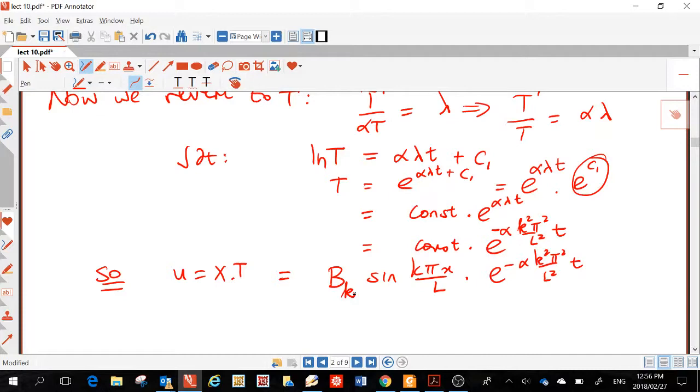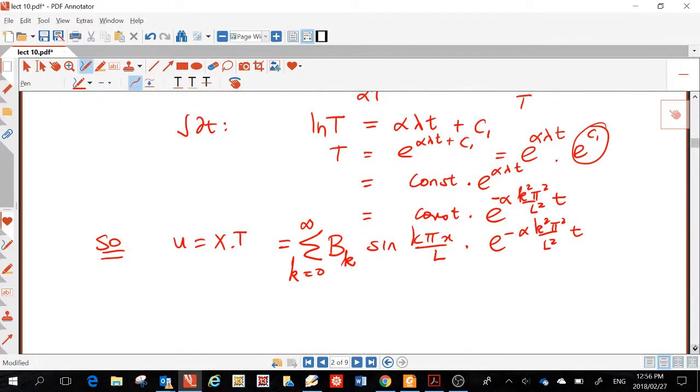K is 1, B1. And I can take the most general combination of this, sigma, from k equals 0 up to infinity, and I've got every possible combination of sine and e to the minus whatever, which is the most general combination.